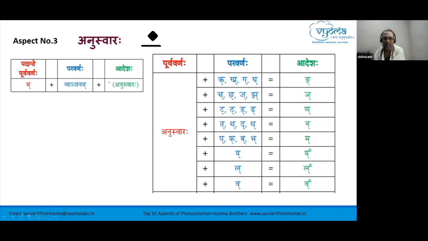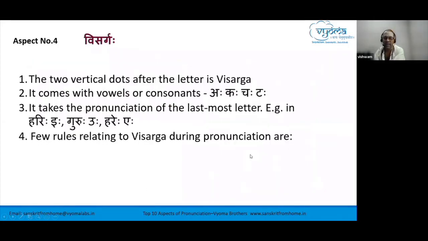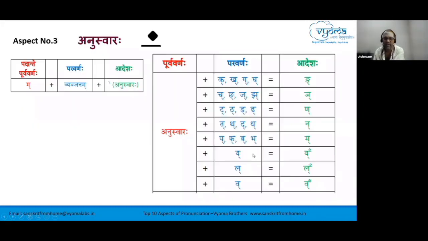Similarly, when Anuswara comes with ka, cha, ta, ta, pa, the first 5 lines, the respective nga, nya, na, na, ma gets adesha. And for ya, la, va we have the nasal form of ya, va, la. They are called sanunasikas or anunasika ya, la, vas. Okay, the nasal form, that is what they are called.